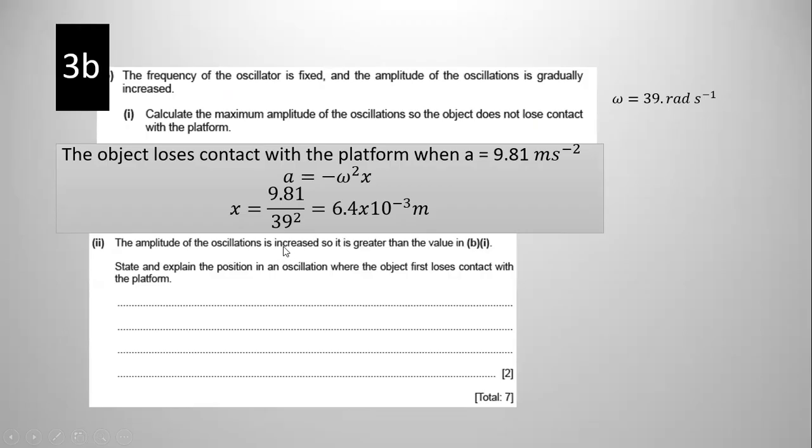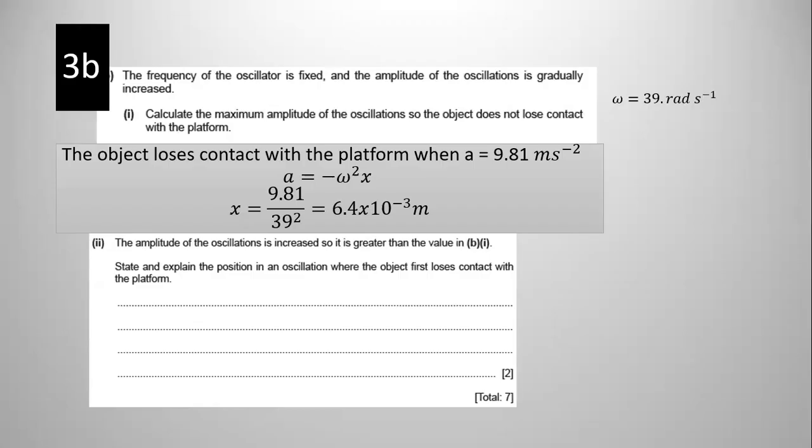The amplitude of oscillation is increased so that it is greater than this value. State and explain the position in the oscillation where the object first loses contact with the platform. The object will lose contact with the platform when the contact reaction force becomes 0.